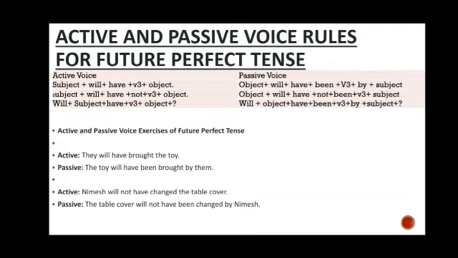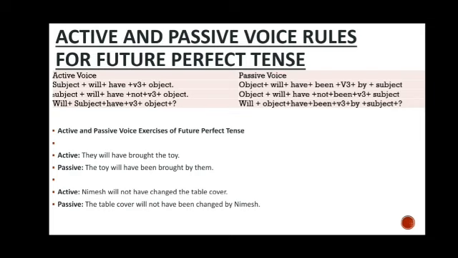Now see future perfect tense. In future perfect, subject plus will have plus verb third, then object is coming. When not is used, after will have comes not, then verb third, then object. If I am talking about interrogative, then will comes first, then subject, then have, then verb third form. Now see how you change it.